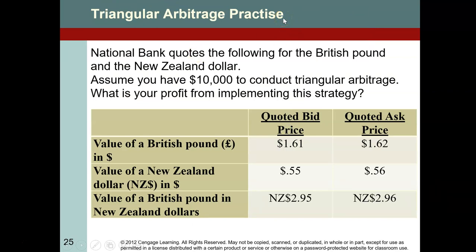Practice here. National Bank quotes the following for the British pound and the New Zealand dollar. Assume you have $10,000 to conduct this triangular arbitrage. What is your profit from implementing this strategy?